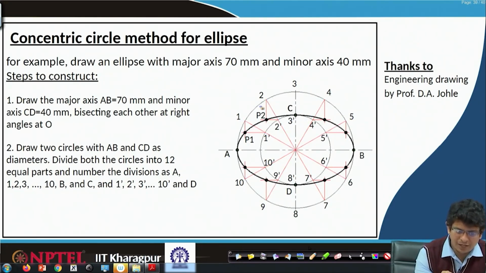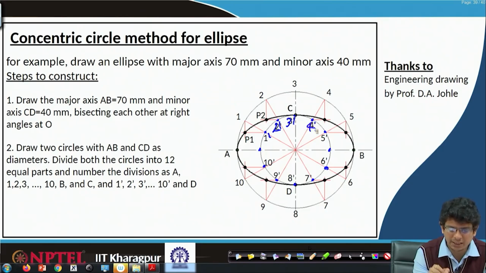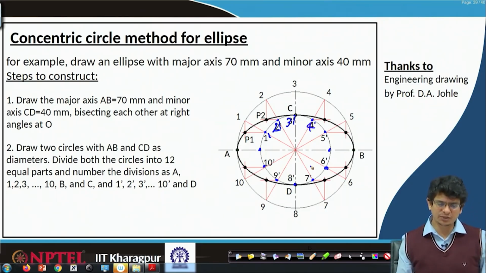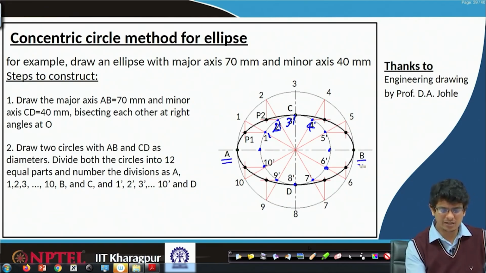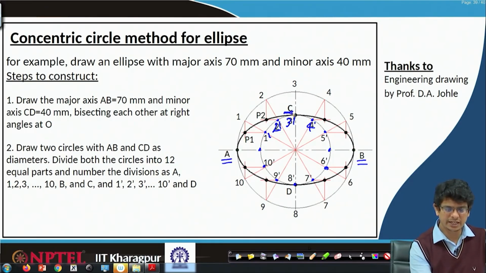Once it is done, we will extend those lines so that the minor axis based circle is also divided into 12 equal parts. The outer ones we are going to name 1, 2, 3, 4, 5. Inner ones we are going to name 1 dash, 2 dash, 3 dash, 4 dash and so on. This is the convention we are going to use. On the major axis the letters are A and B, on the minor axis the letters are C and D.